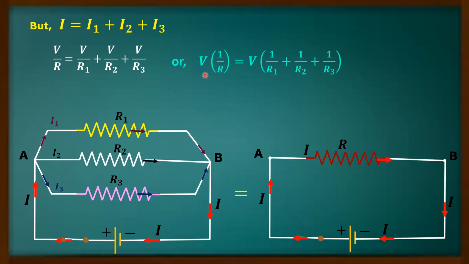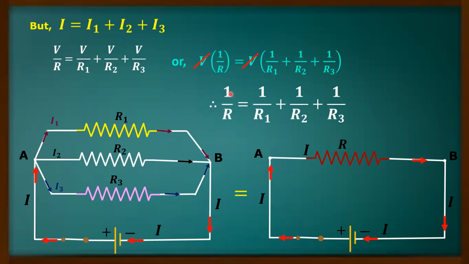On both sides V will get cancelled, and we are left with 1 by R is equal to 1 by R1 plus 1 by R2 plus 1 by R3.